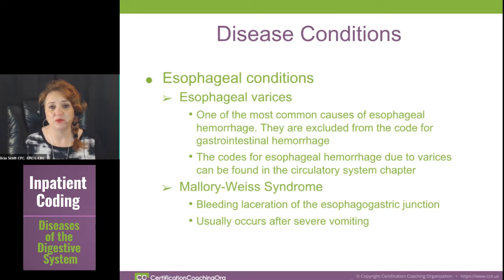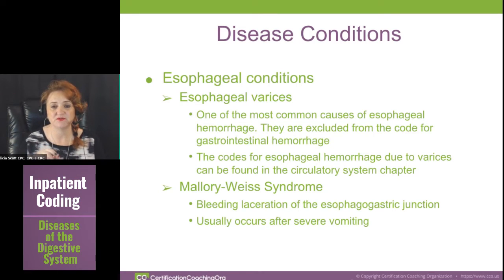What we would do with that is they can go in and do repairs, but sometimes it causes pain as well, and difficulty and obstruction in being able to swallow. They are excluded from the code for gastrointestinal hemorrhage. It's not the same. Esophageal varices that bleed is not considered gastrointestinal hemorrhage, because gastrointestinal hemorrhage starts from the stomach, which is gastro, down.